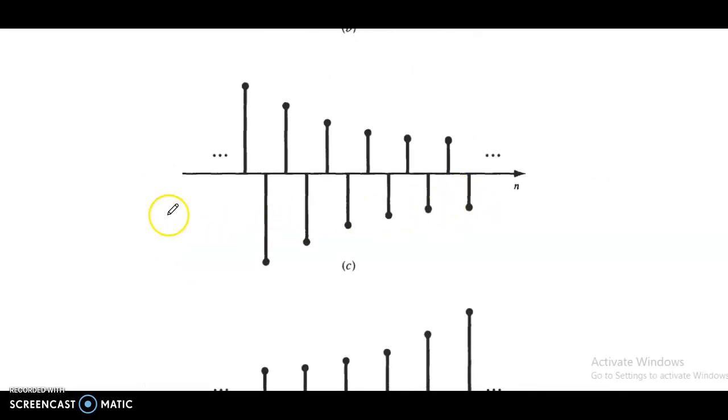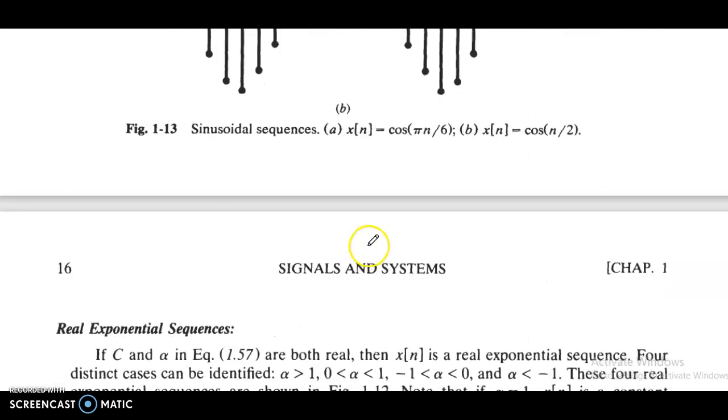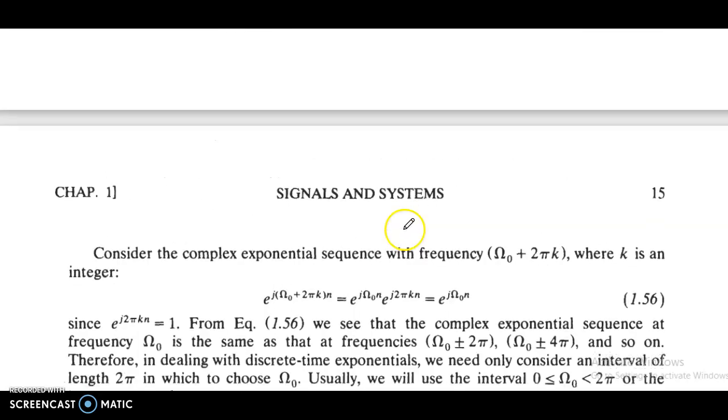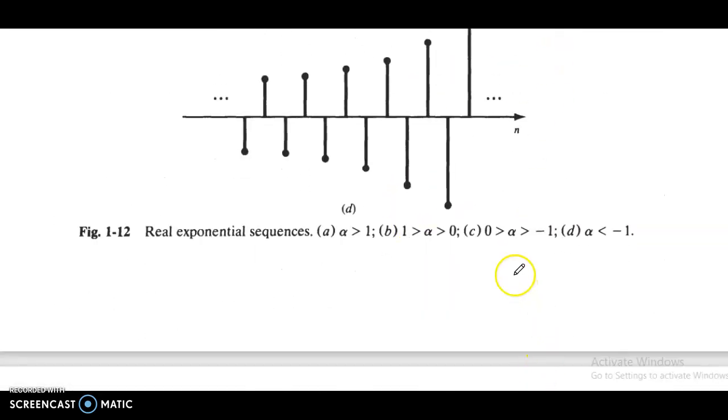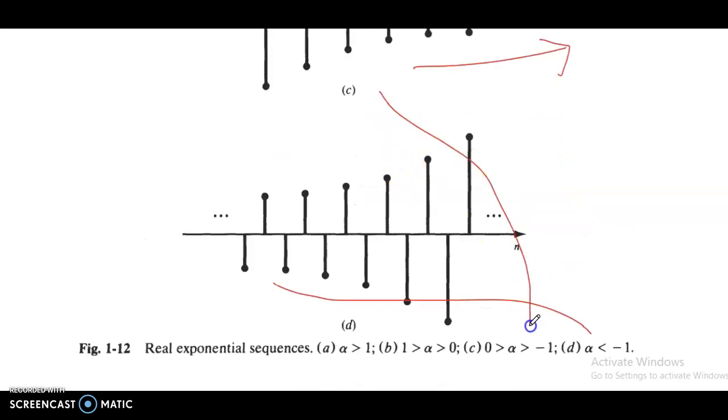This is the n direction. Here alpha is between 0 and -1. For D, alpha is less than -1. This is for C, this one.